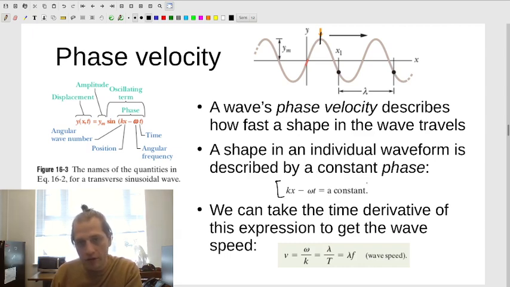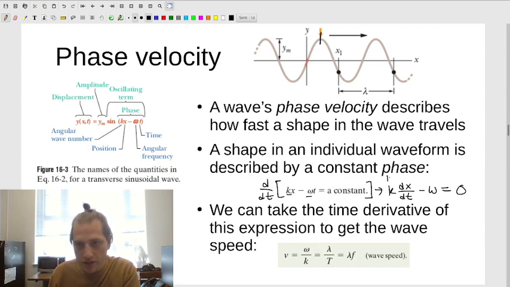But let's see, can we find out how fast that bump moves? Well, let's try it. We can take the time derivative of both sides of this expression. If k and omega are considered to be constants, and we have a constant phase on the other side, what we're going to get is k dx/dt minus omega equals, and the derivative of a constant with respect to t is just 0.